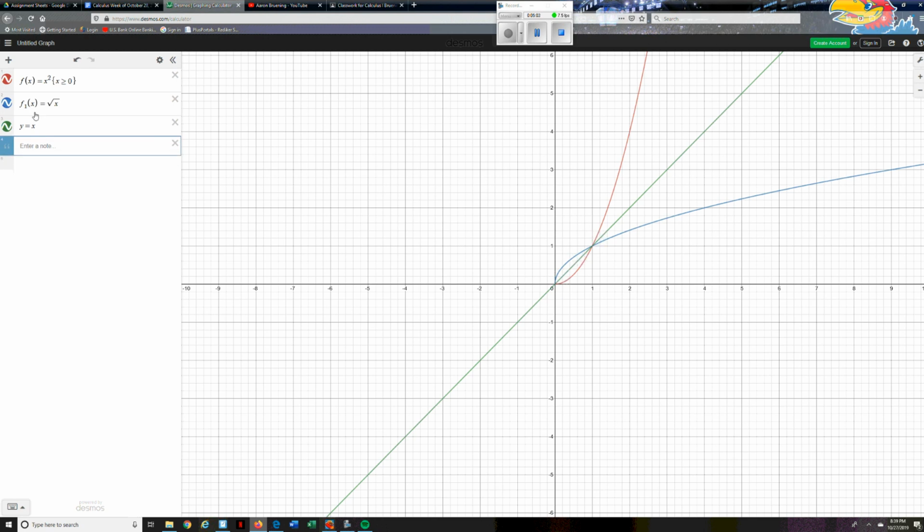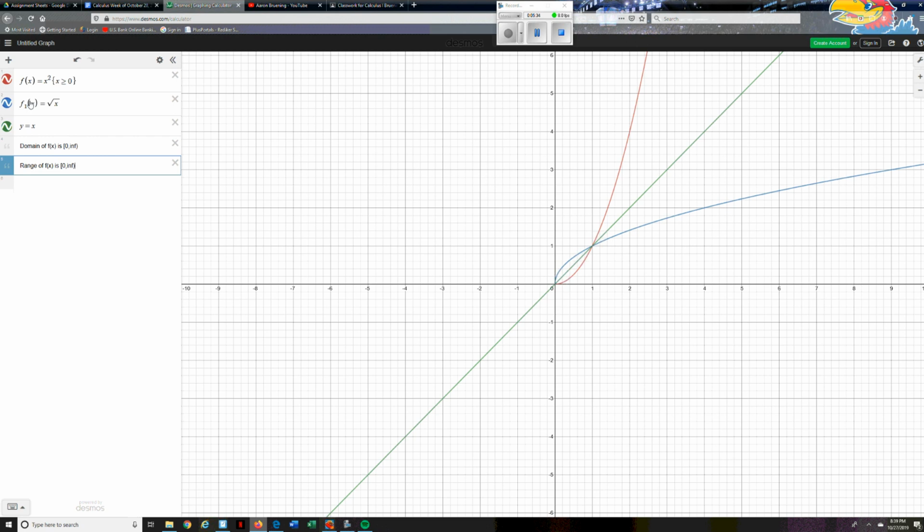So the domain of f of x is 0 to infinity. But notice our range. This isn't a very good example, but the range of f of x is also 0 to infinity.